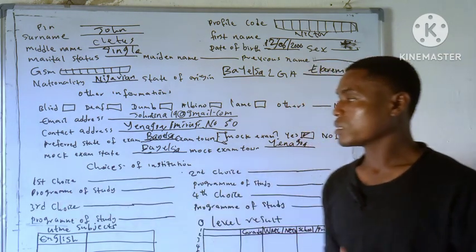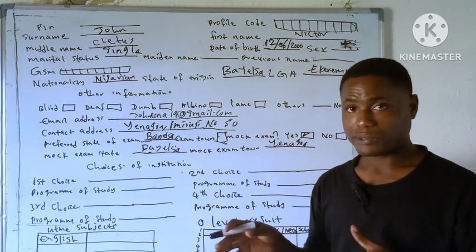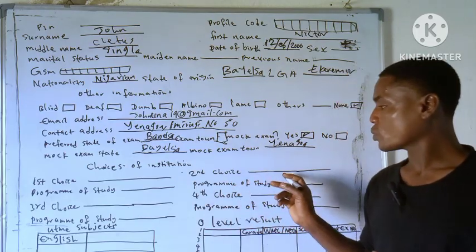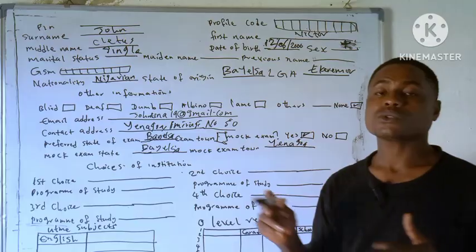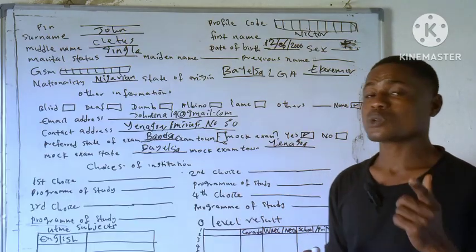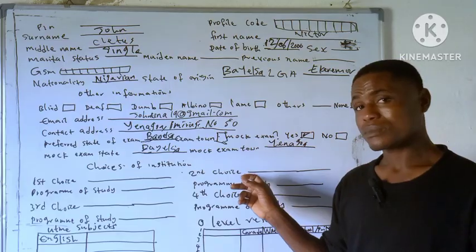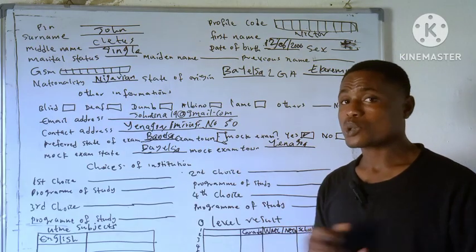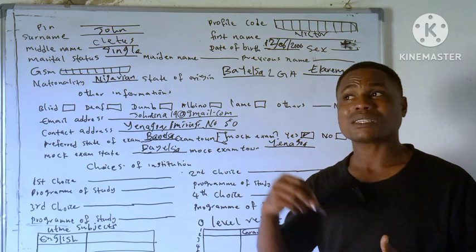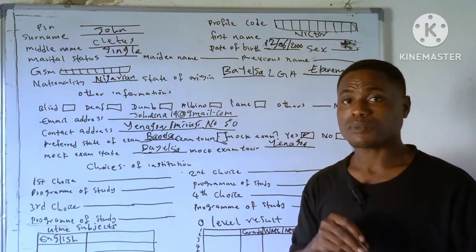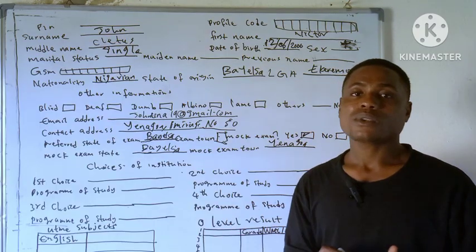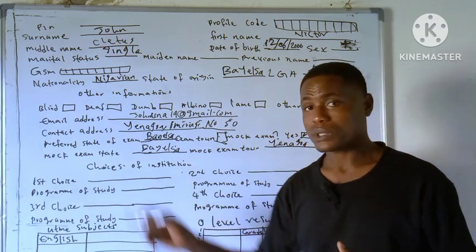This first choice is referring to a particular university. Also, this second choice too is referring to a particular university. Take note, not all the universities are accepting second choice. Are you getting it? Not all the universities. So almost like 95 percent of the universities are accepting first choice.